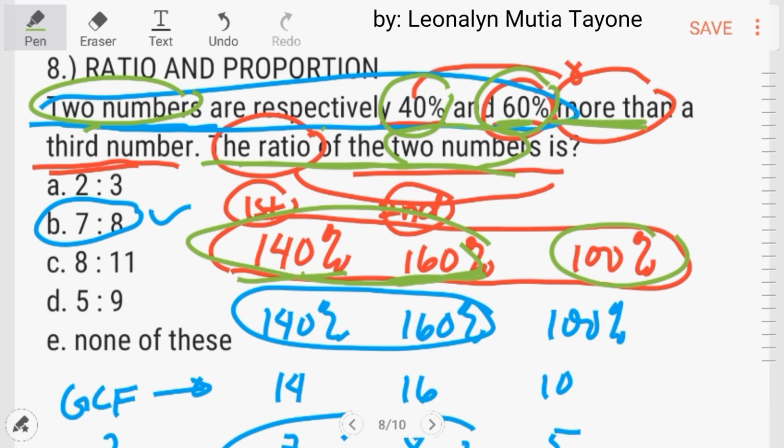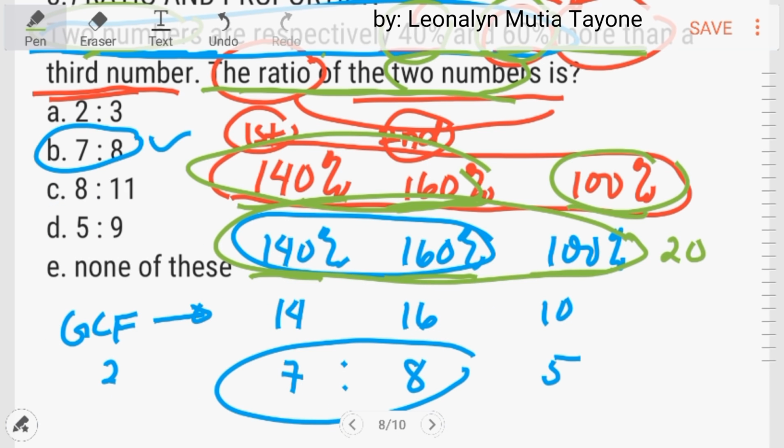So, ito na yung tatlong numbers na, included na yung third, 140, 160, at saka si 100. Ang greatest common factor nito ay 20. Pero kung sakaling hindi nyo ma-identify agad na ang greatest common factor nito ay 20, pwede mong i-divide ng 10. Kasi obvious naman na pwedeng ma-divide ang tatlo ng 10.